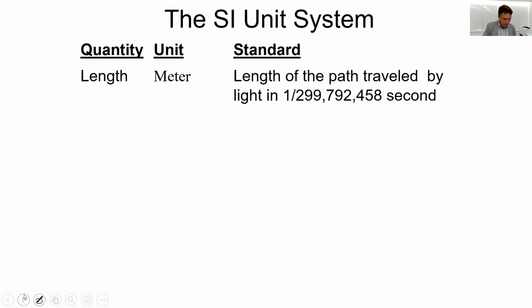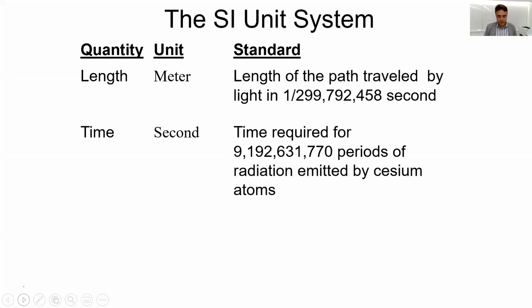Then there's an SI unit for time. The SI unit of time is the second, and the second is defined by a particular emission line of a cesium atom, which sends out a wave with a period, and if you count up exactly 9 billion 192 million, etc., of these periods of that cesium emission, that will be 1 second.